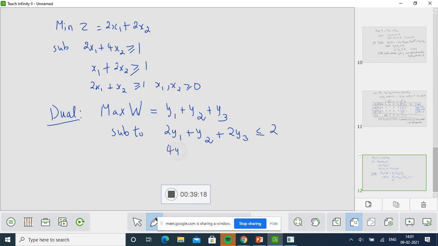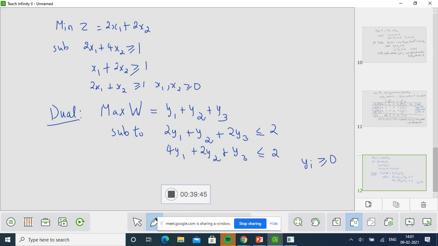Then I will have 4y1 plus 2y2 plus y3 again less than or equal to 2. What happens to my yi? All my yi are greater than or equal to 0. So this is our required dual problem. Am I correct? Any other changes should I make?